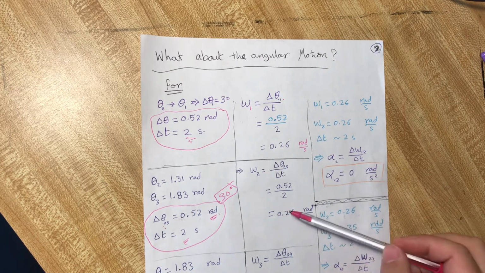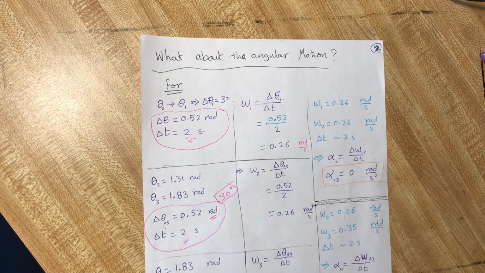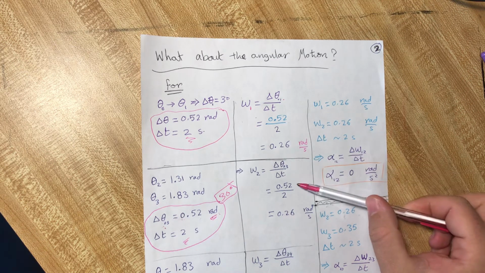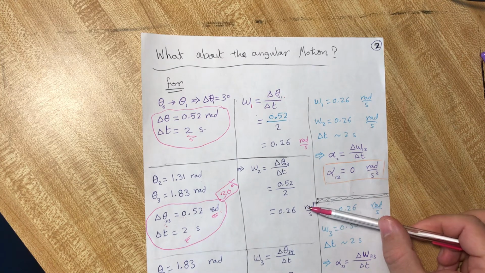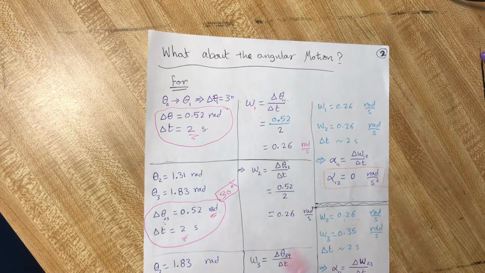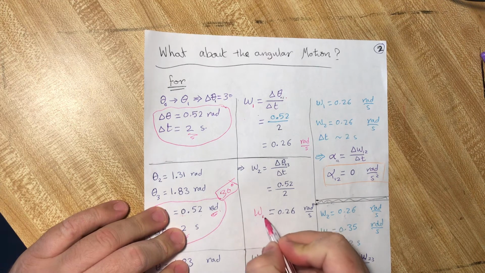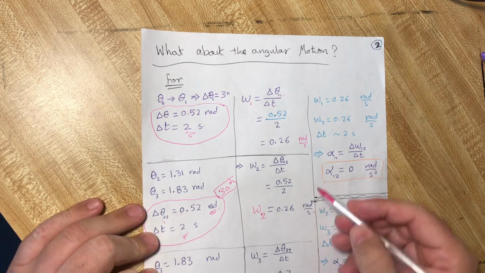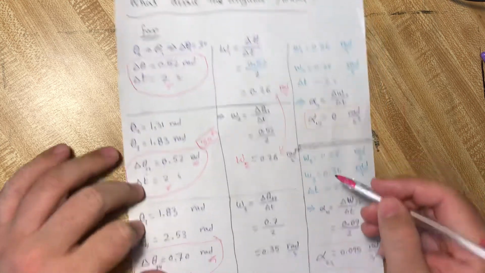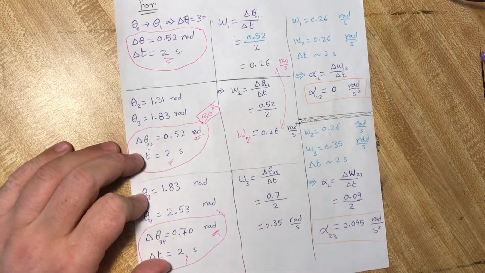In the second section it is the same velocity because we have the same change in angular position. So the angular velocity omega 2 is equal to 0.26 radian per second. It is the same. What about the third section?